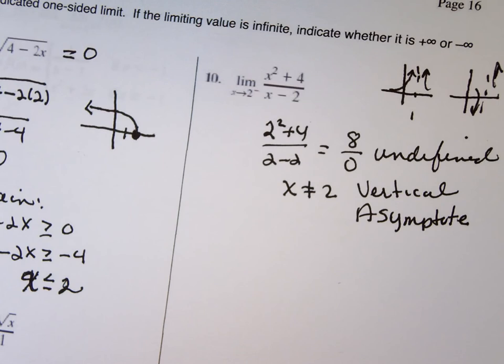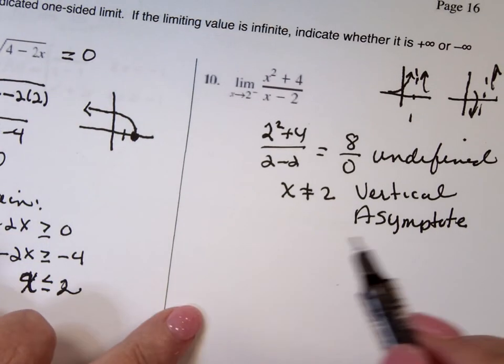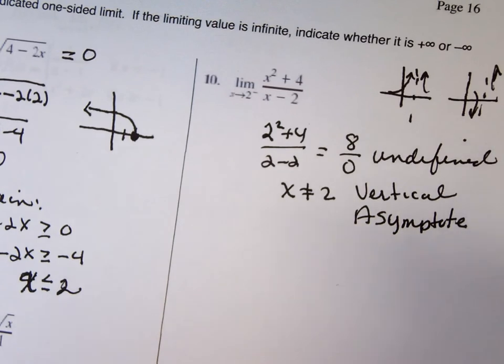You don't know when you've got a VA. So I now know I have a VA, and I need to find out if I'm going to plus infinity or minus infinity. This is what a VA does. It's either plus or minus infinity. Question is, I don't know which.